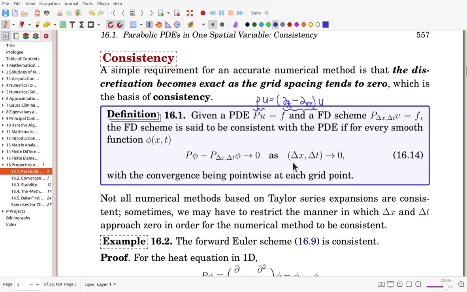Probably one can go to 0 faster and the other slower. In any way they are approaching 0, this should approach 0 without any restriction. Then we say the finite difference method is consistent.